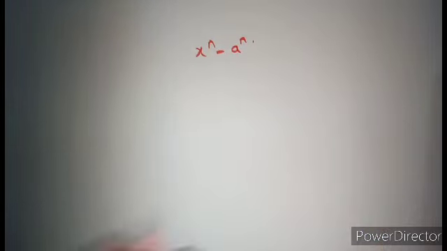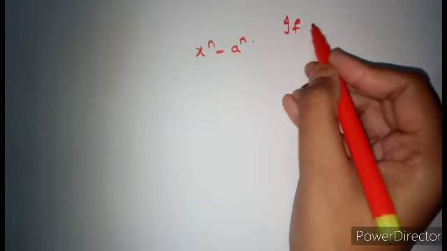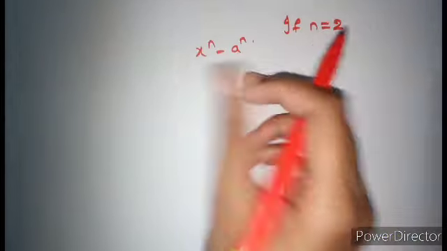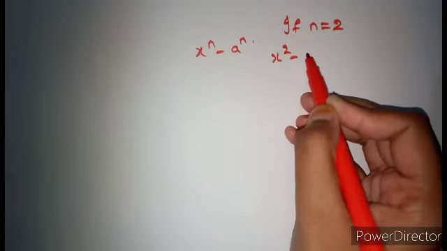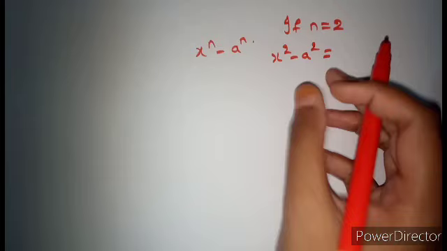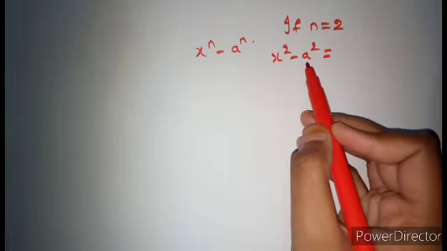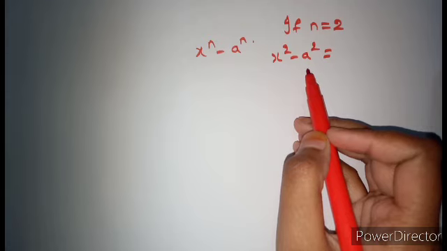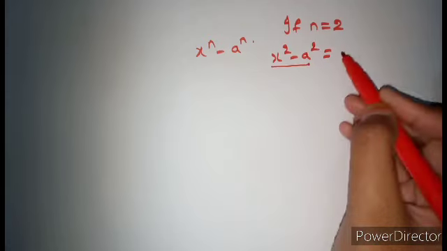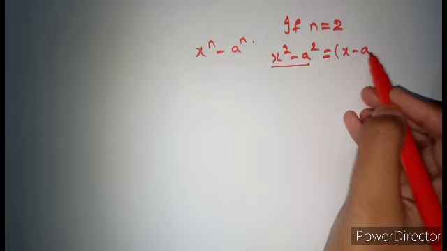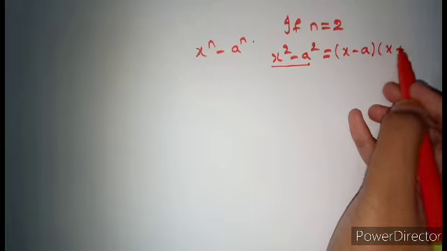Now if we take n equal to 2 here, it will become x^2 - a^2. This is of the form a^2 - b^2, and its formula is (a + b)(a - b). So it can be written as (x - a)(x + a).